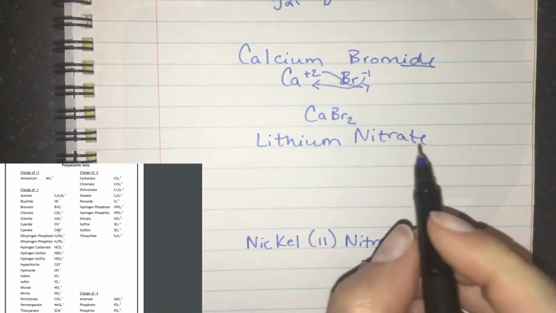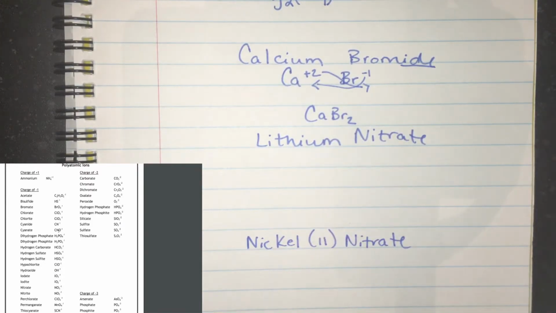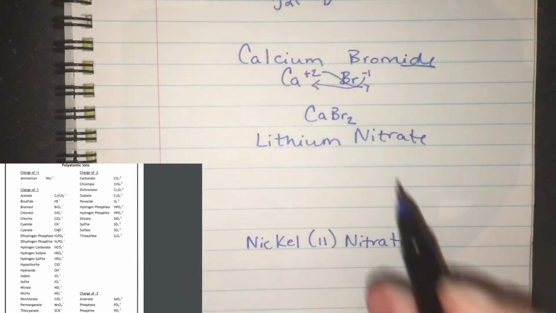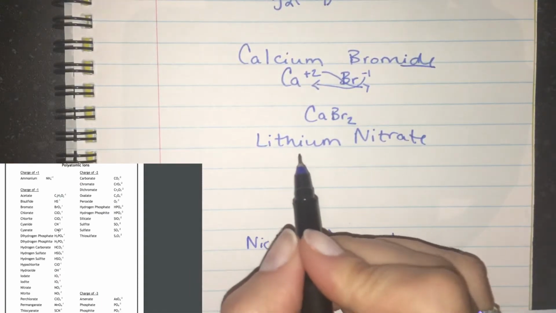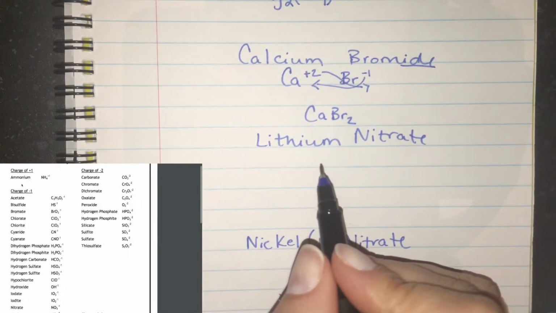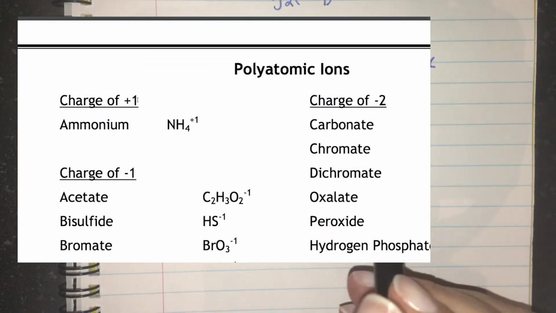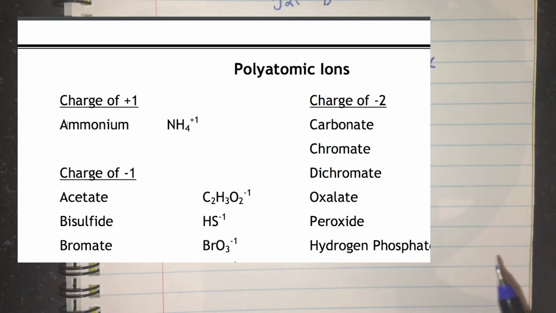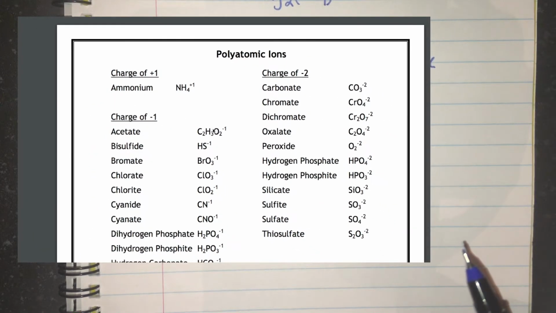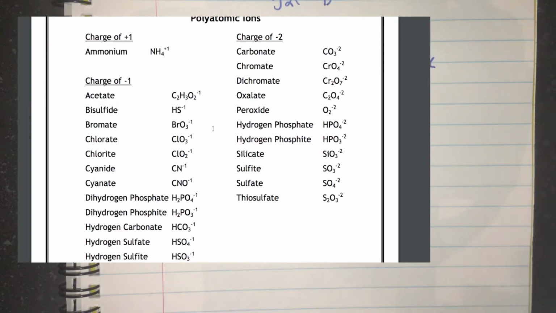That's it. Lithium nitrate. So basically guys, the cation, remember how I told you if you look at the polyatomic ion sheet, the only positively charged cation that we will use in 10th grade and in IB is ammonium, okay? So that's all you have to know. There's others in the world. If you go to be a chemist, you'll find that out later.